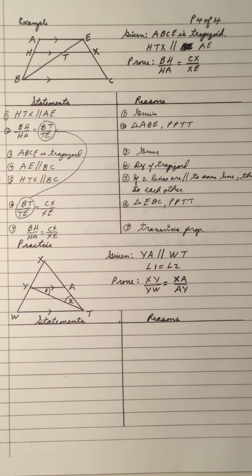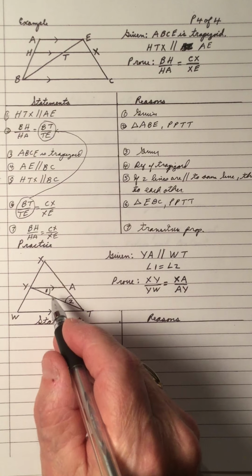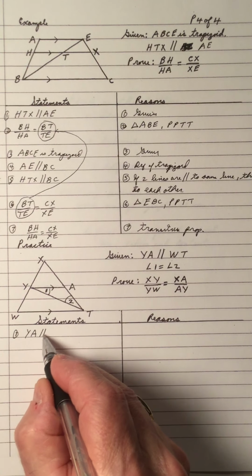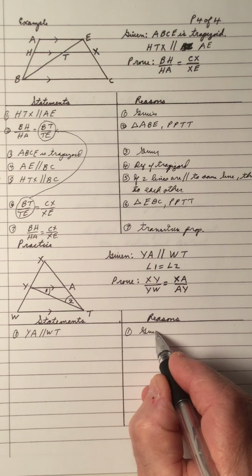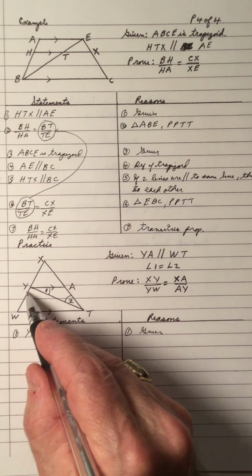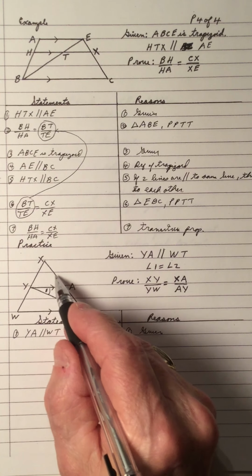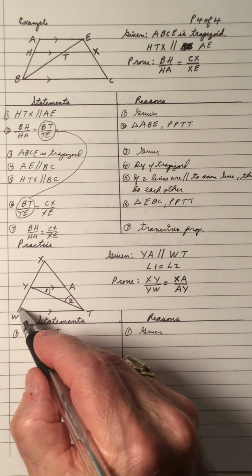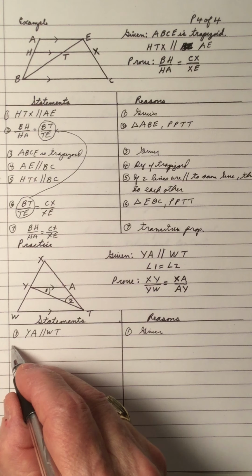So when I have these parallel lines, I remember I have what? Well, let's see. I have that as the given. So these lines are parallel. Notice I got XY, and YW, and I got an XA. Almost proportional, but I don't have AT. So if I had XY over YW and XA over AT, I would have a PPTT.